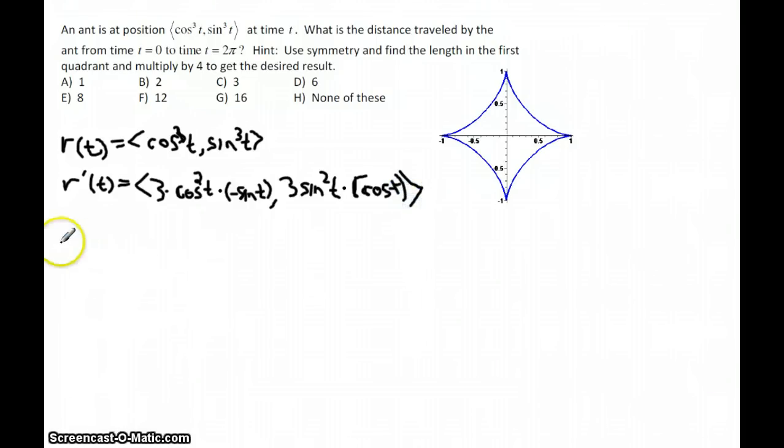That's your velocity vector at any time t. And we know the formula for arc length is the integral from a to b with speed as the integrand, the magnitude of velocity. And so let's take the magnitude of velocity.